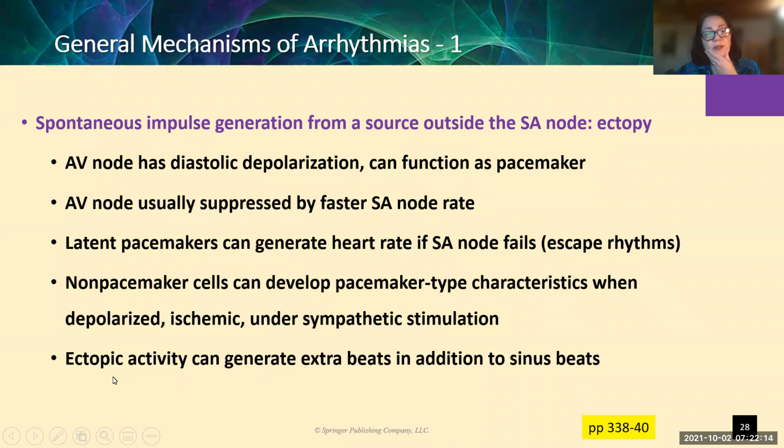And then you can also have ectopic activity that throws in an extra beat. In addition, functioning part of the heart's like, oh, let's all contract now. And so then there's an extra beat that gets thrown in there.